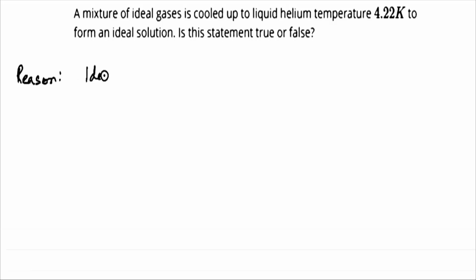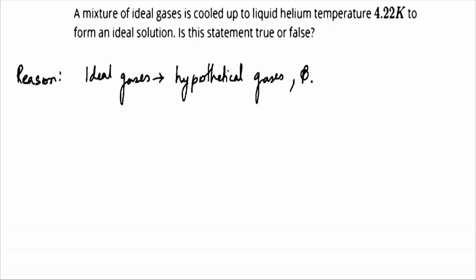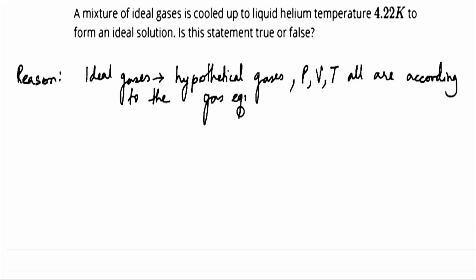The reason is that ideal gases are basically hypothetical systems, or you can say hypothetical gases. They do not exist. Here the pressure, volume and temperature all are according to the gas equation, that is PV equals nRT.